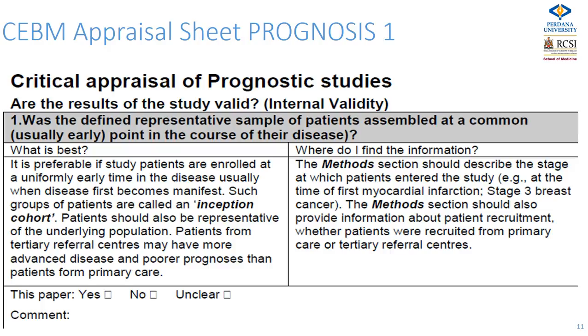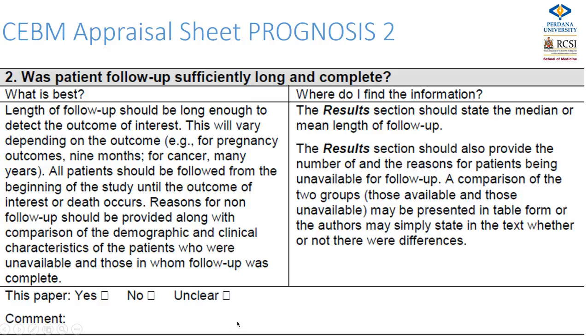So in the method section, it should be very clear at which stage these patients entered the study, and they should also provide information about how they were recruited from primary care, tertiary referral settings. This will have a bearing on their relative level of disease and so on. So if you're clear about this, you tick yes. If not, no. If you're not sure, just tick unclear, and then you may want to write a comment, and then you carry on to the next section of the appraisal sheet.